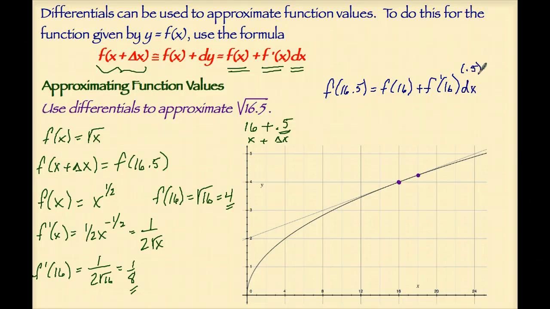I should have probably inserted that in there. So this is going to be f of 16, which is 4, plus f prime of 16, which is 1/8, times the differential 0.5. This ends up being 4 plus 1/8 times 1/2 is 1/16. And this is approximately equal to 4.0625. There's our approximate value.